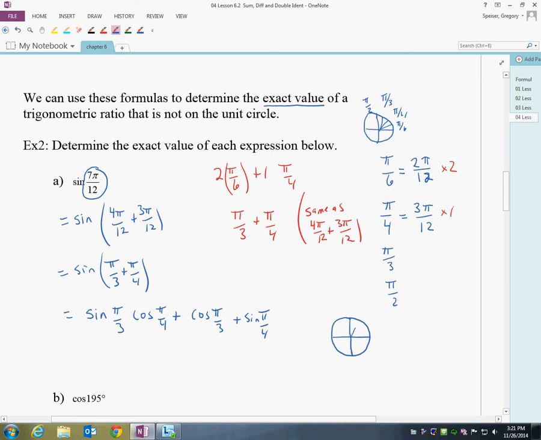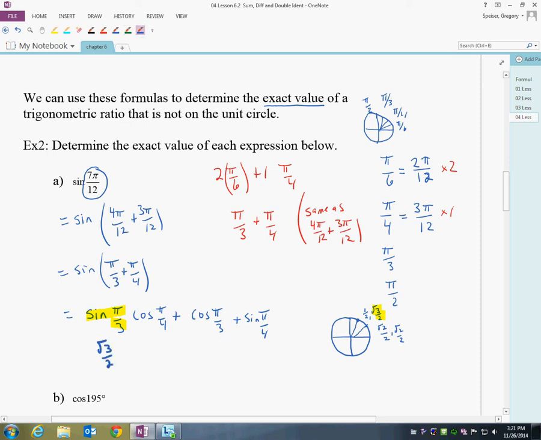Pi over 3 is up here. For pi over 3, my x value is a half, so my cos is a half, and my sine is root 3 over 2. And my other one is pi over 4, where it's root 2 over 2 and root 2 over 2. So my sine of pi over 3 is root 3 over 2.